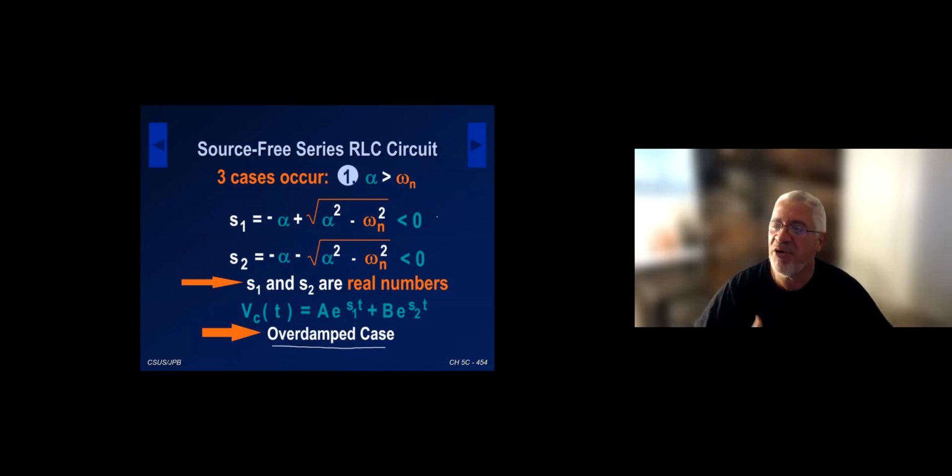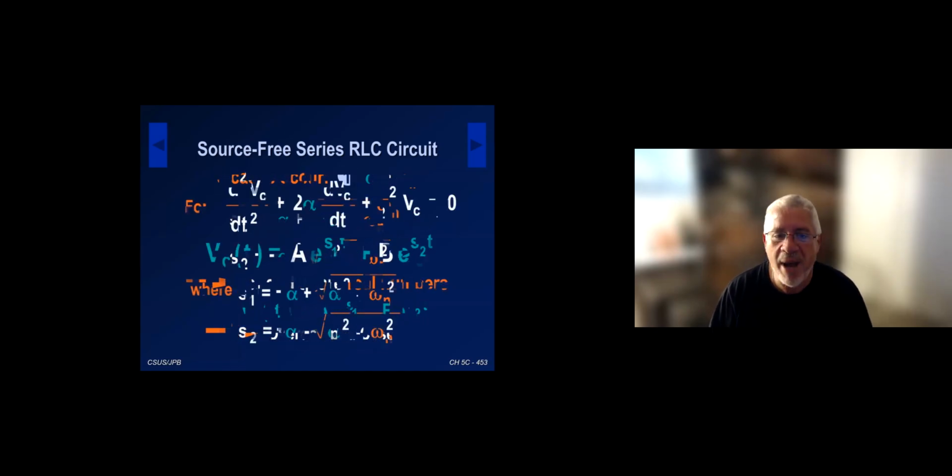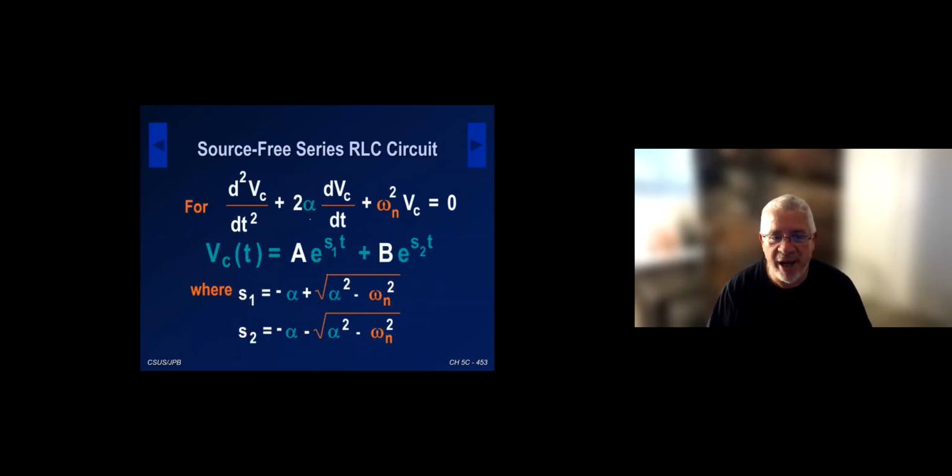Again, we're going to cover this in examples over and over again, but let me just go back. I'm going to ask you to identify the damping coefficient, alpha, and the natural frequency, omega n. Once you identify these, I want you to compare the 2, see which one is larger, and identify the case that we're dealing with.